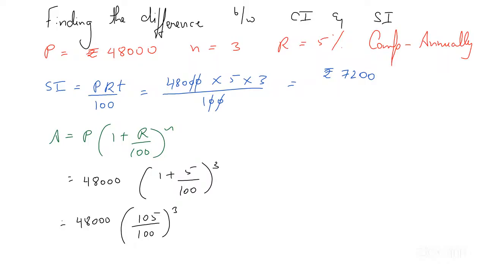Why 1.05? In the bracket, it is 105 by 100, right? Yes, then ma'am, it'll be 105 over 100.